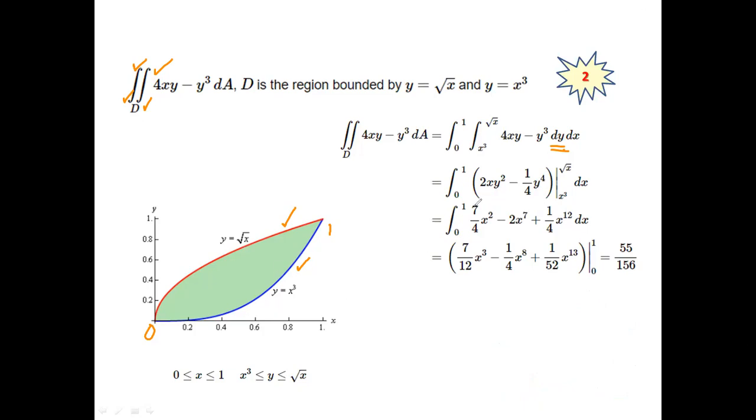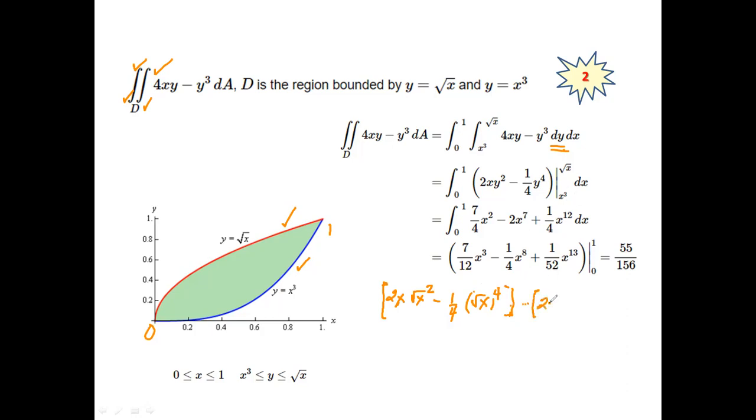So for the first part here, you have 2x. This y should be square root of x, and this is squared, minus 1/4. This y is square root of x raised to 4. That's for the upper limit. Your lower limit is the x cubed.